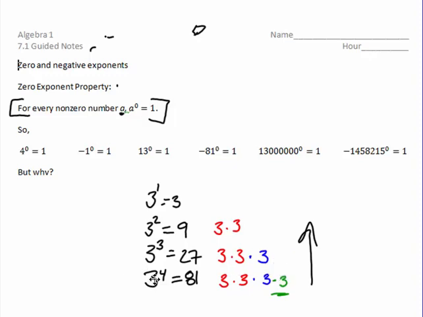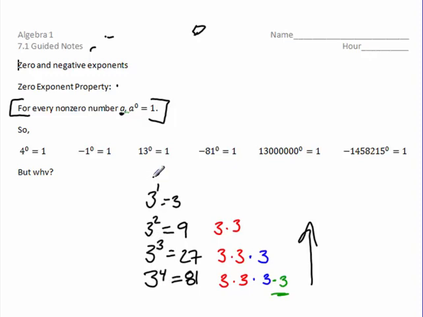So if I go from 3 to the fourth to 3 to the third, I'm dividing by 3. 81 divided by 3 is 27. 27 divided by 3 is 9. 9 divided by 3 is 3. So it should be no shock that exponents only talk about multiplication and then division. Multiplication as they get bigger, division as they get smaller.